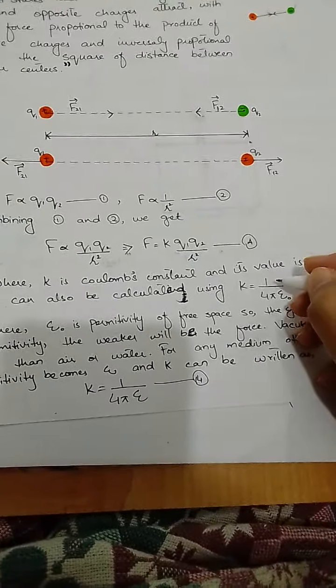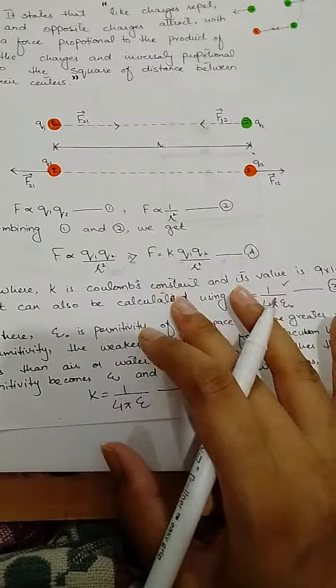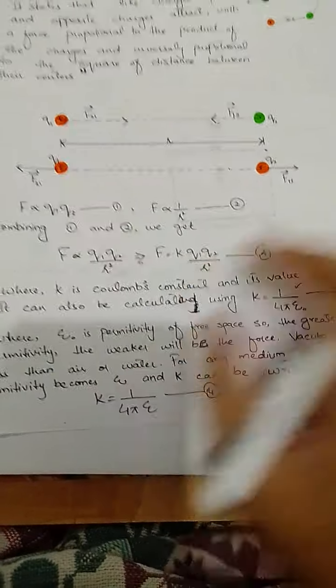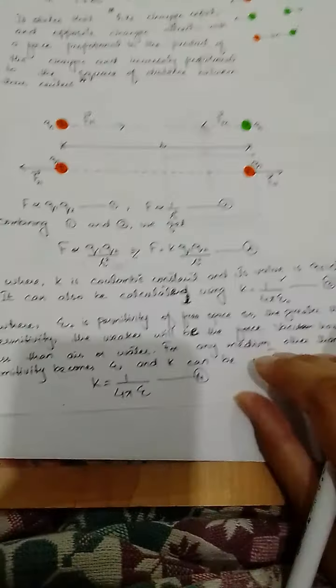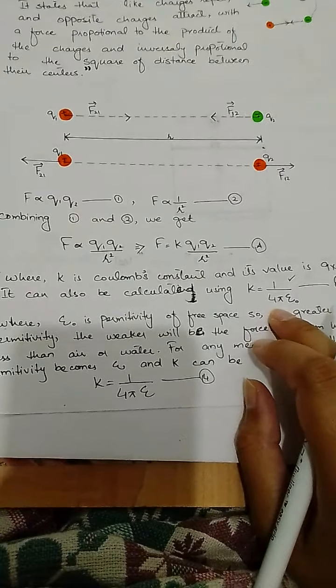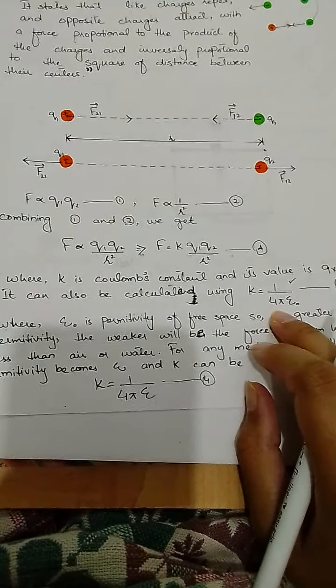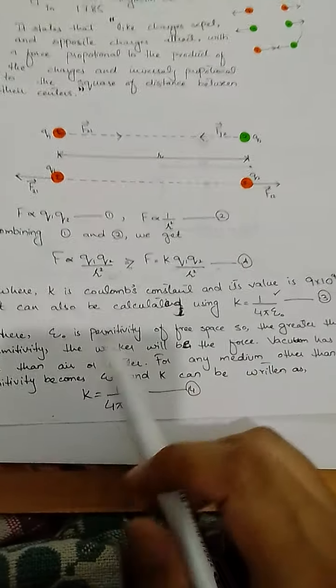So this is kind of new to us. We have studied constants earlier, we've studied charges, and we have studied the distance between them. But the new thing is this K constant and 1 by 4 pi epsilon naught. We call this equation number 3.